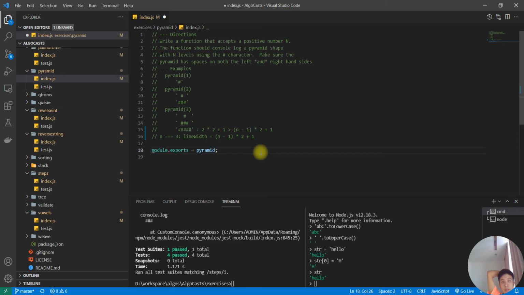The second problem is to distribute the hash in the correct positions. Like for the first line, let's say i equal to 0, i equal to 1, i equal to 2.